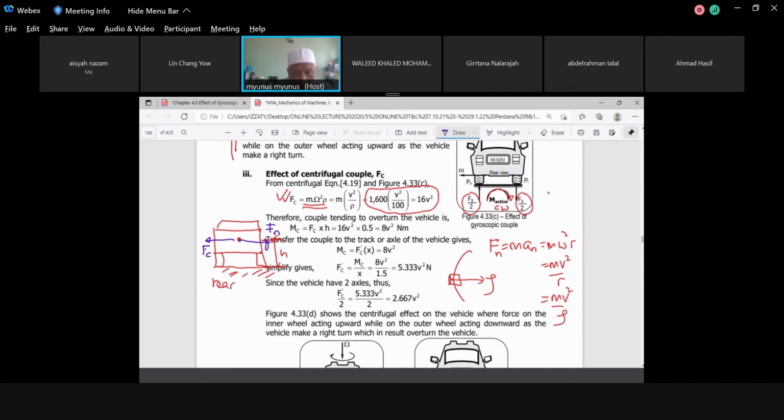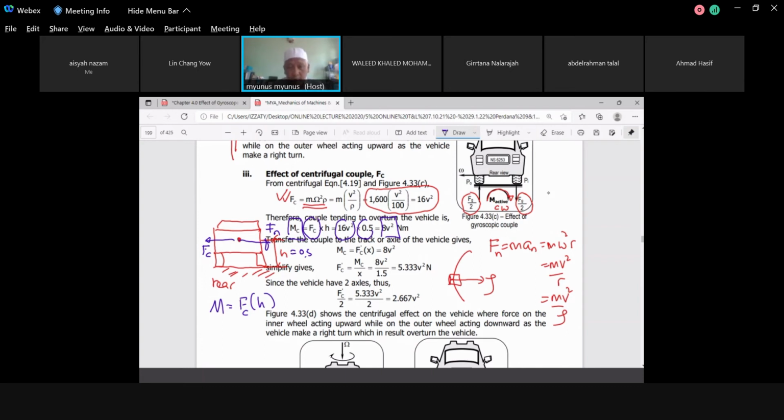Okay, you already have this one, a couple tending to roll the vehicle. You have the 16V. Okay, this one is FC. Put it here. 16V multiplied by 0.5, the distance, sorry, the h. This h is 0.5. So you will have the couples. Couple is basically whatever you have multiplied by the h. This is the F centrifugal. You have 8V. And remember, this 8V is not the actual thing.